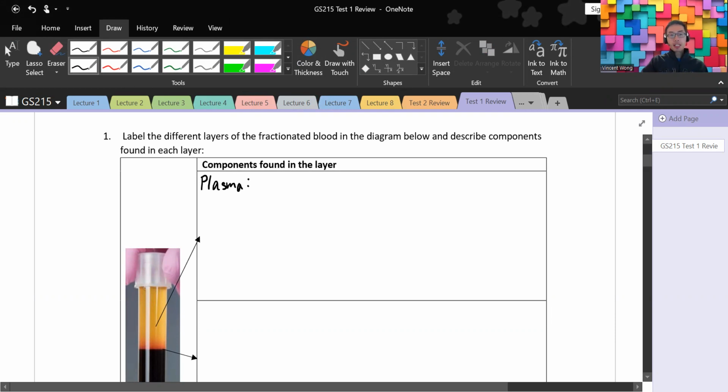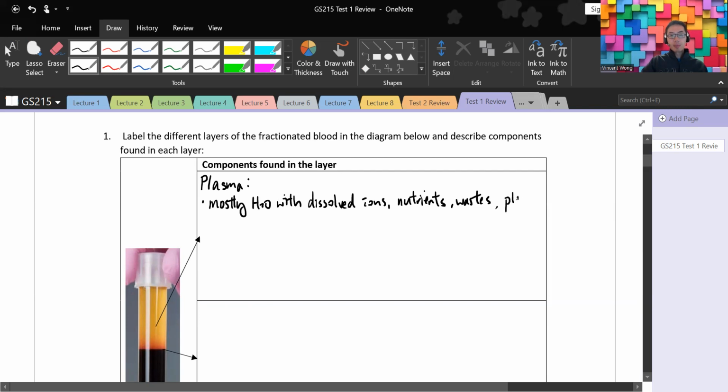And what's inside the plasma? Well, it is mostly water with dissolved ions, nutrients, waste, right?